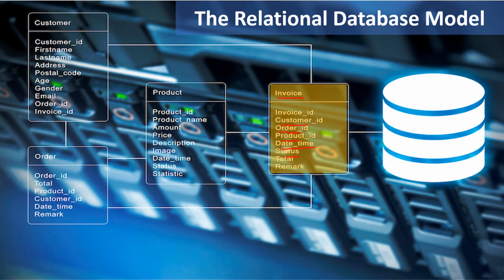It comes from the product table, the customer table, and the order table, and each one of the tables connects and forms this table that we view as users.